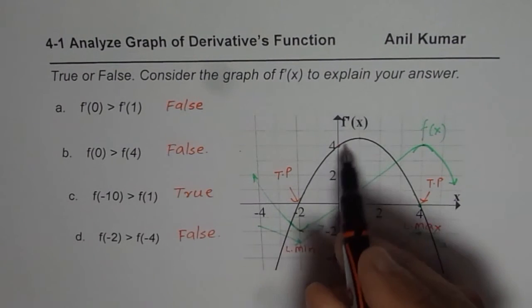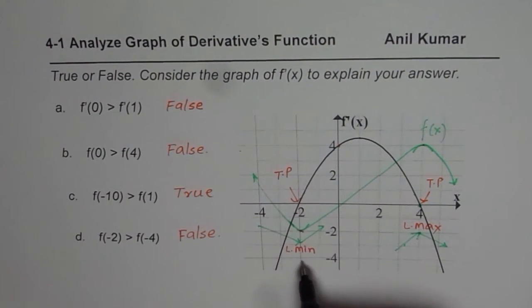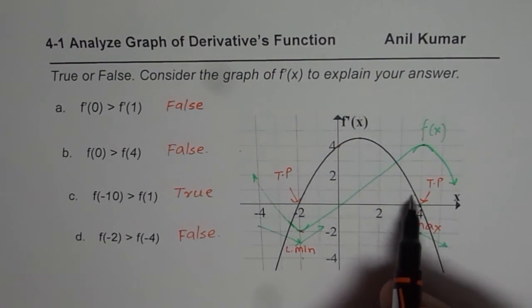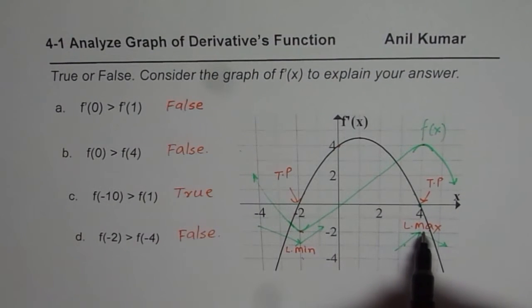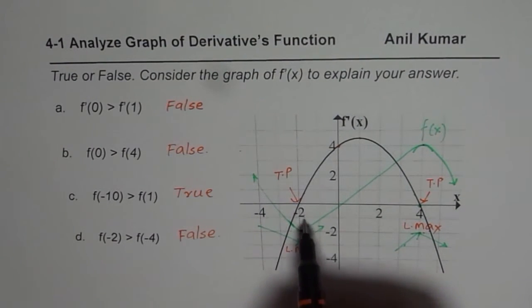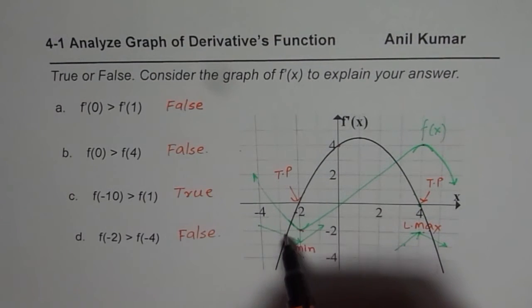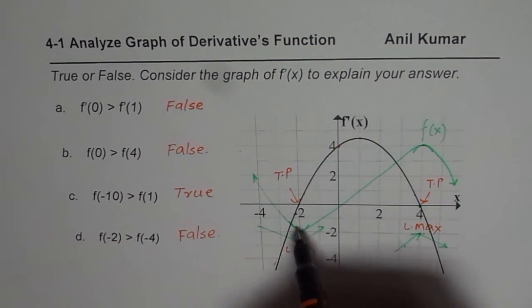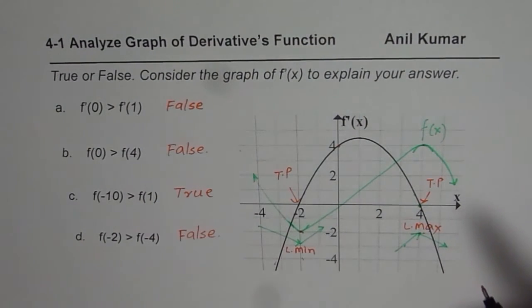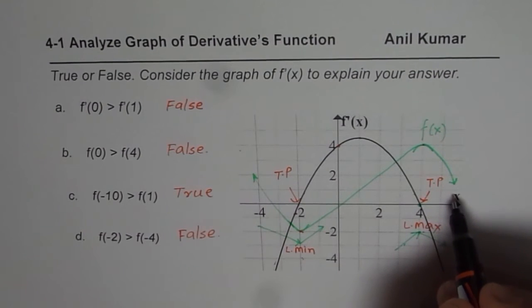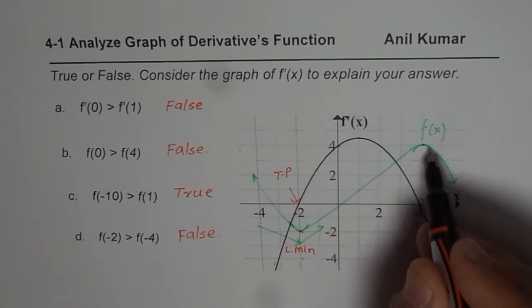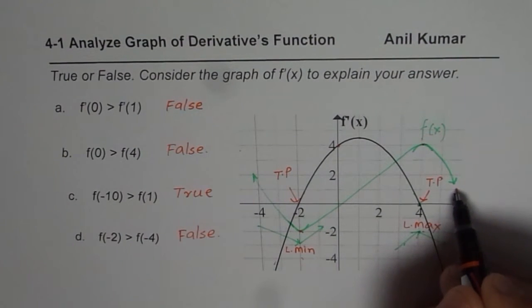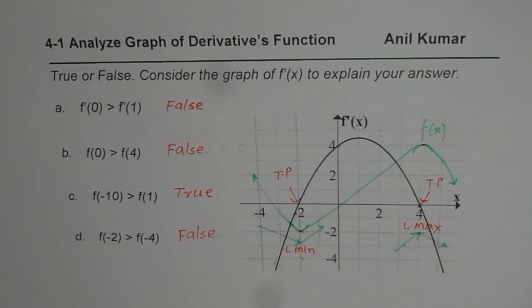If the graph of the derivative changes from negative to positive, it is a minimum. If it changes from positive to negative, it is a maximum. On this side we have a negative tangent, so the graph of the function is decreasing, and the end behavior is a very high value. After this maximum, the graph of the function is decreasing. That helps you to answer such questions. I hope it is absolutely clear.